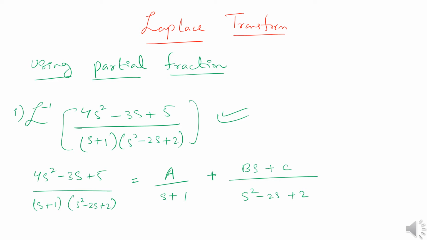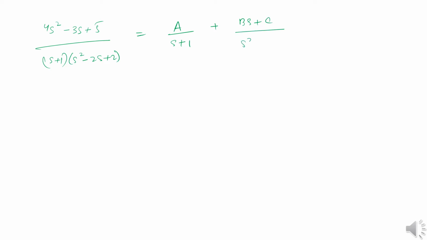First of all, I have to take the LCM of the function. The left hand side is the same: (4s squared minus 3s plus 5) over (s plus 1)(s squared minus 2s plus 2) is equal to A over (s plus 1) plus (Bs plus C) over (s squared minus 2s plus 2).